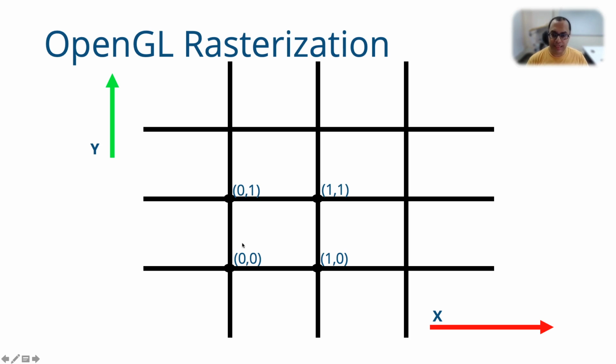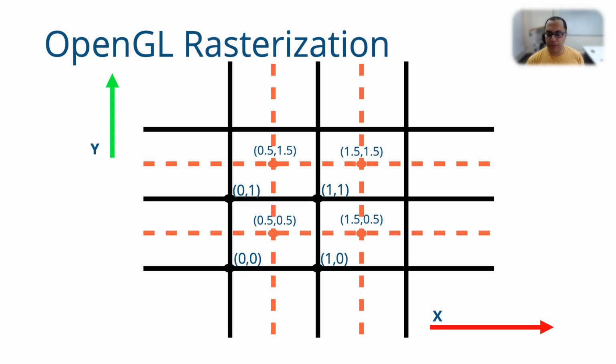In our discussion, sometimes we take a corner as representative of a pixel, sometimes we take the center. It does not really matter as long as you are consistent within that particular discussion. So 0, 0 is the coordinate of this corner and represents this pixel. 1, 0 is the coordinate of this corner and represents that pixel, and so on.